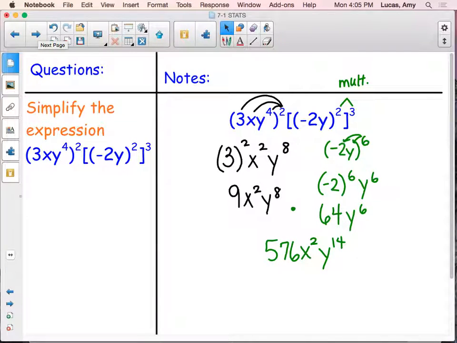So I simplified on the left, I simplified on the right, and then I had to put it all together. Because it's all multiplied together, this is a monomial. It's not a binomial or a trinomial because we have constants and variables all multiplied together. So the final simplified answer is 576 x squared y to the 14th.